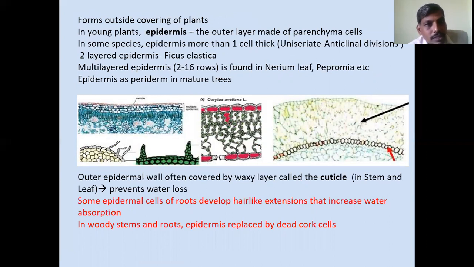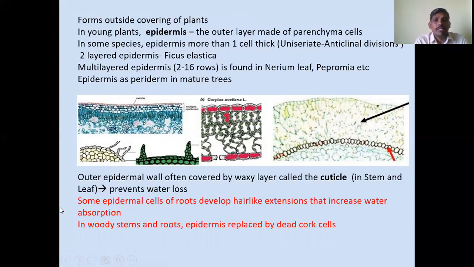So epidermis is always an outermost layer made up of parenchyma cells which are arranged side by side without intercellular spaces. Normally, it is present in the root, stem as well as leaf.